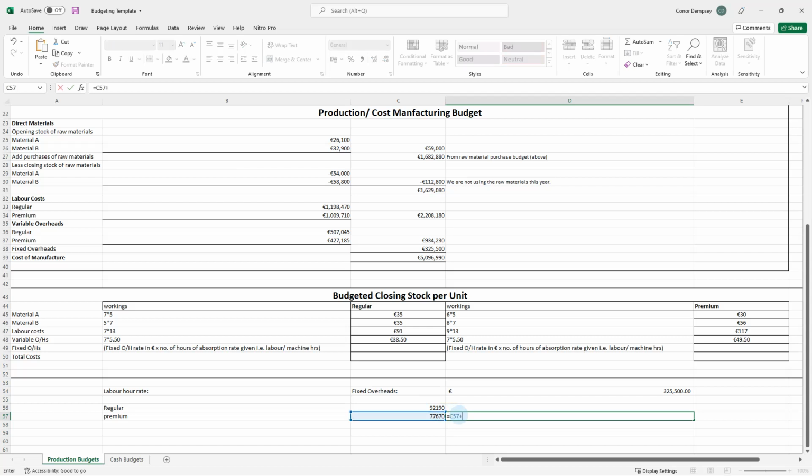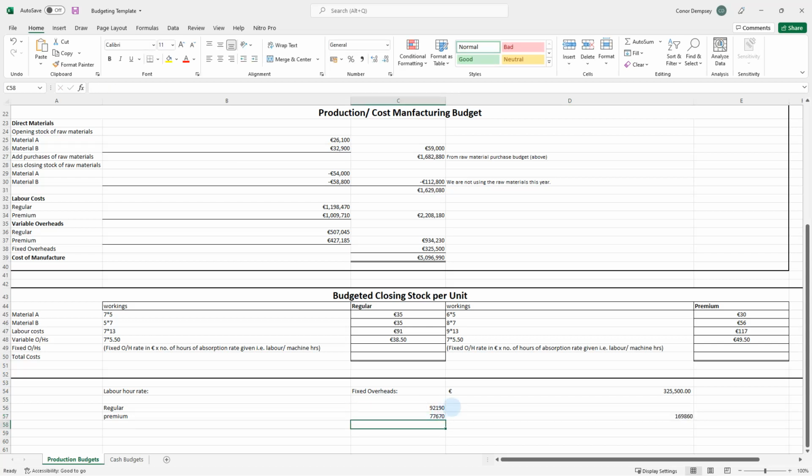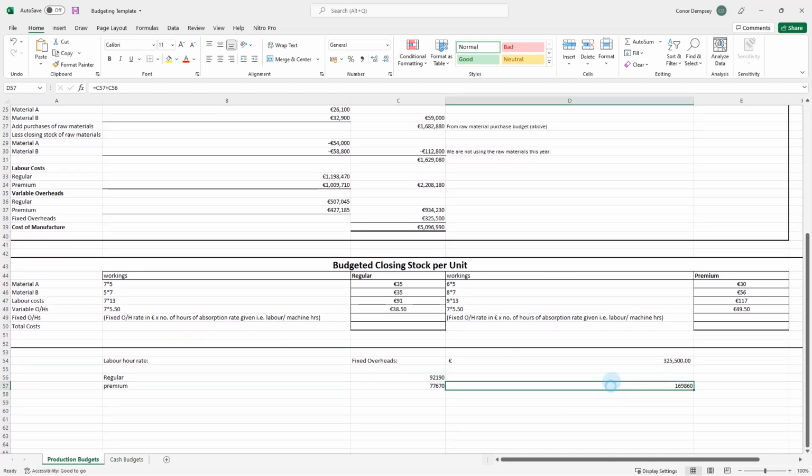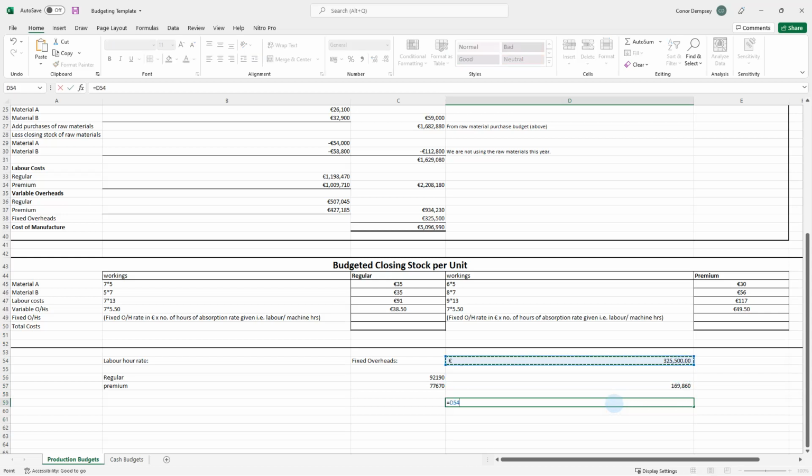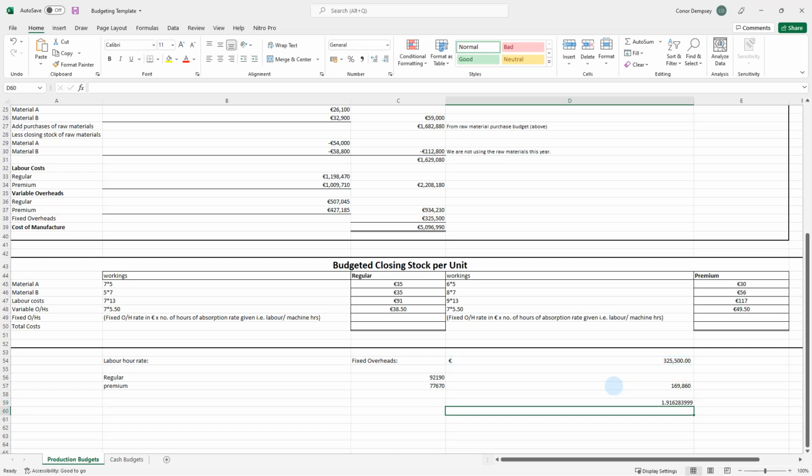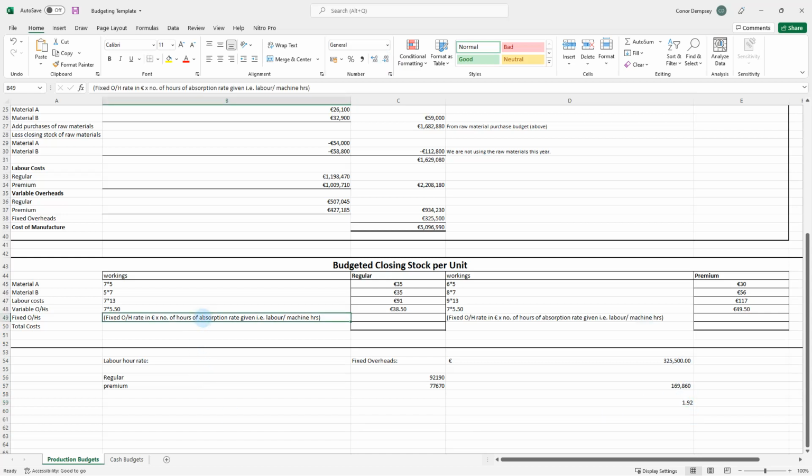So the total is 169,860. So what we're now going to do is take the fixed overheads divided by our total labor hours that we'll use in the entire year. So essentially we are coming down to €1.92 per labor hour.